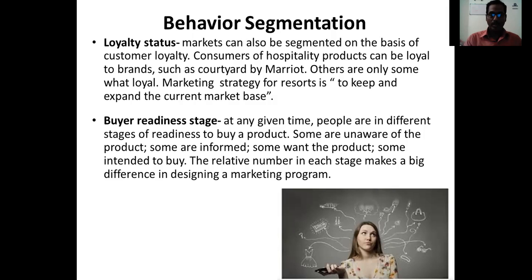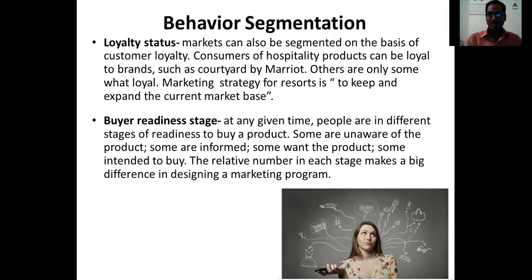The next one is buyer readiness stage. At any given time, people are in different stages of readiness to buy a product. Some are unaware of the product, some are informed. In other words, it's how ready the buyers are to buy our product. Some are not aware of our products, meaning they don't know about our product.